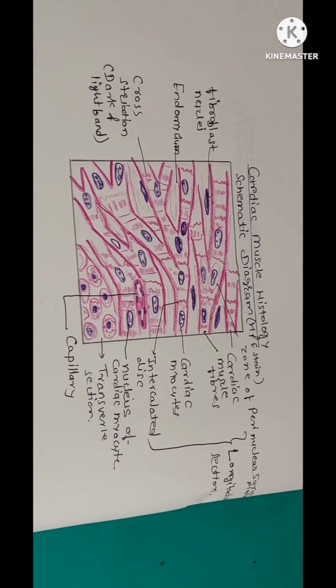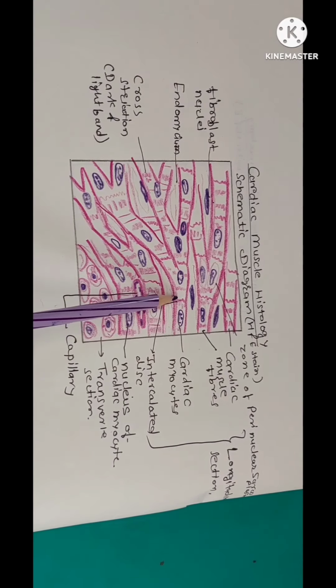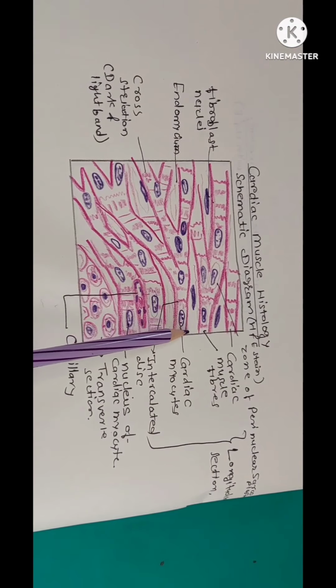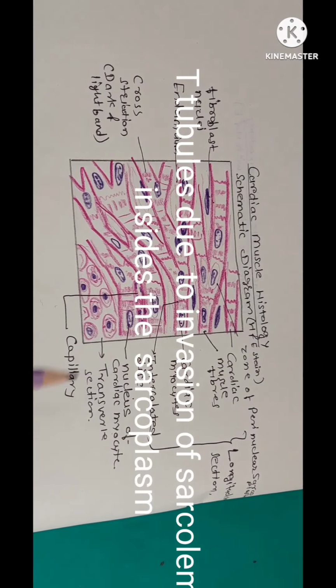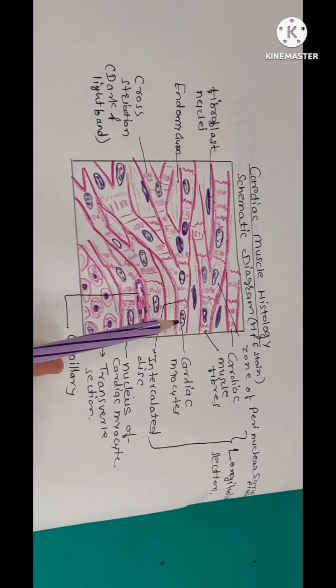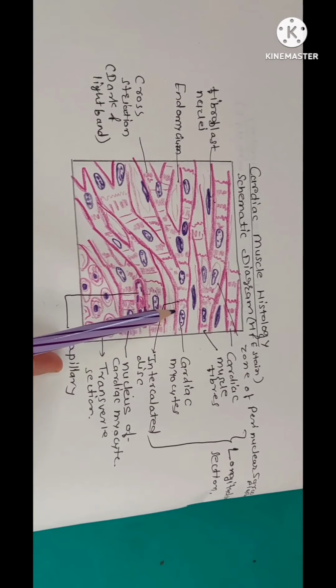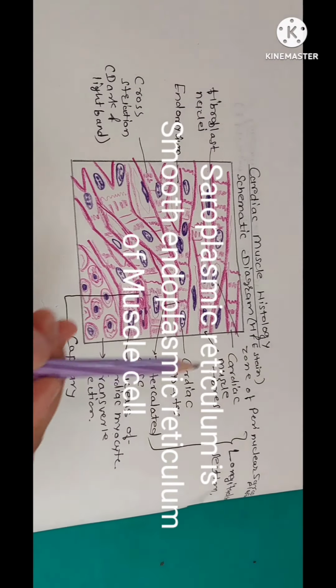This is because the cardiac myocyte needs a continuous supply of energy for unfatigable contraction. The sarcoplasm also contains the T tubules, formed when the sarcolemma dips inside the cell, as well as the sarcoplasmic reticulum, which is smooth endoplasmic reticulum.